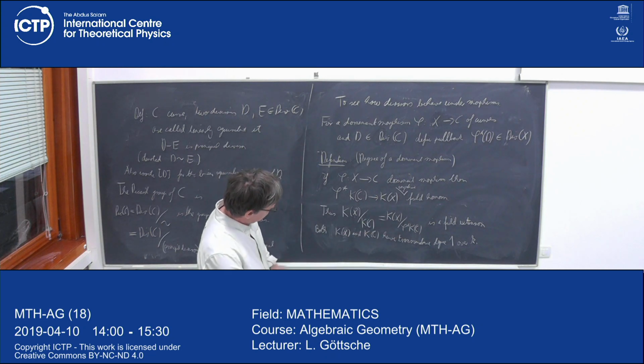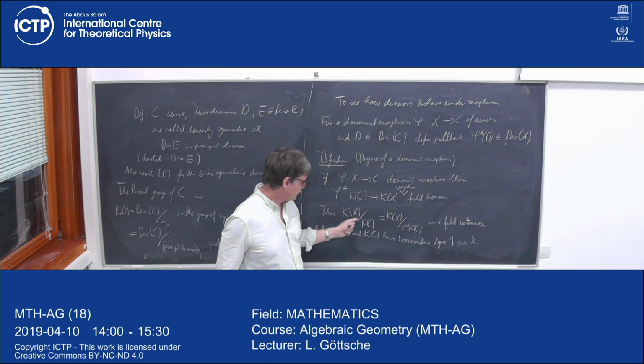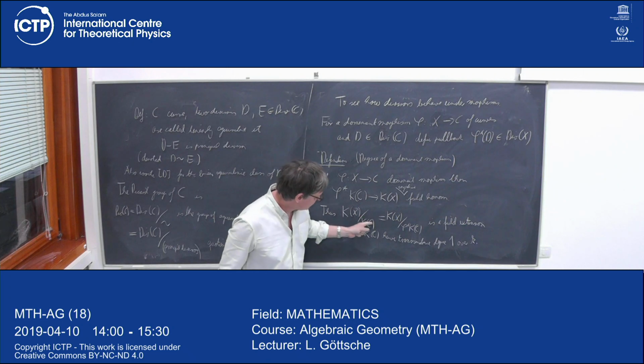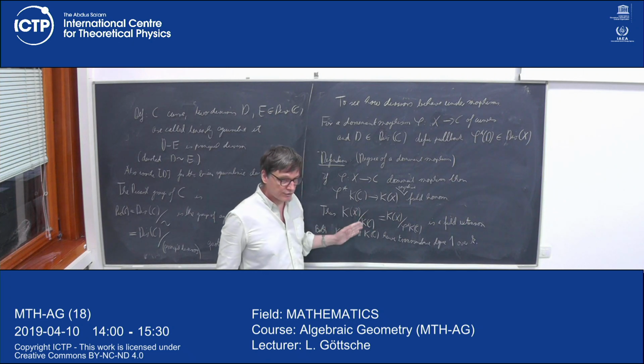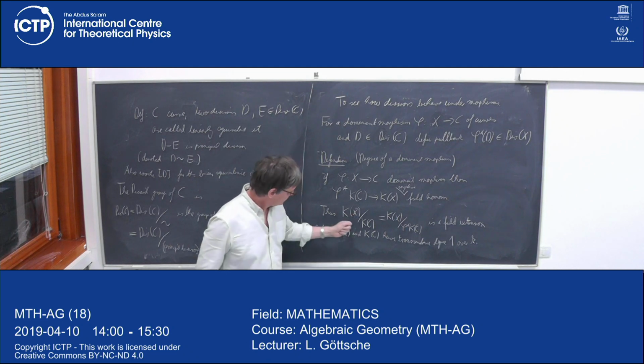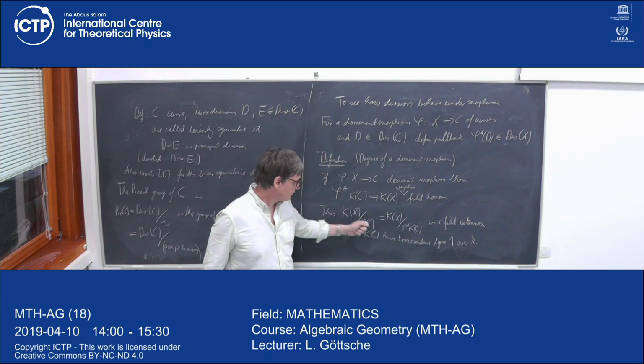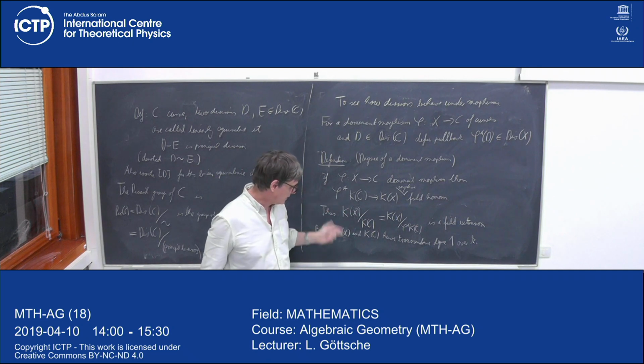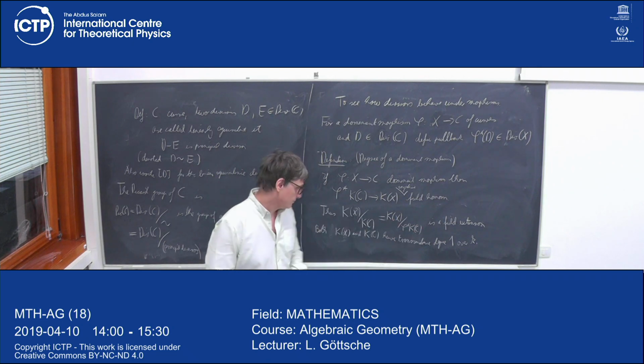Basically, if this was an infinite extension, then by what we said before about the transcendence degree, these are both finitely generated fields. If you have an infinite extension of finitely generated fields, then it must have a positive transcendence degree. So as this has dimension 1, the dimension is equal to the transcendence degree over K. So both have transcendence degree 1 over K, therefore this is a finite extension.